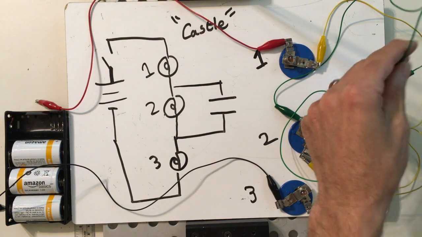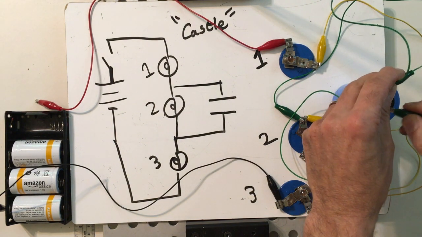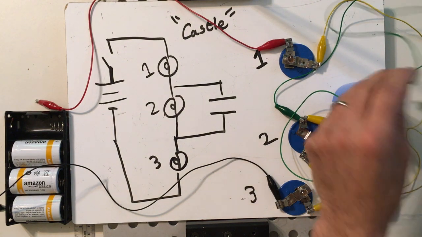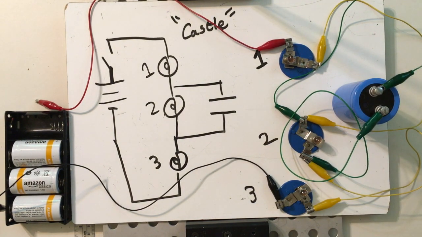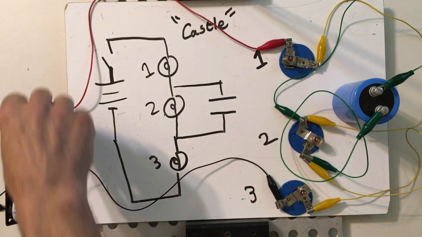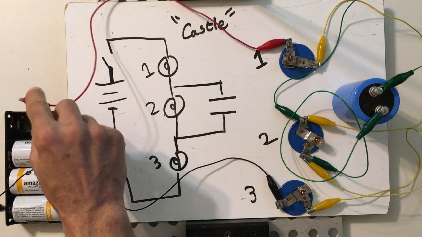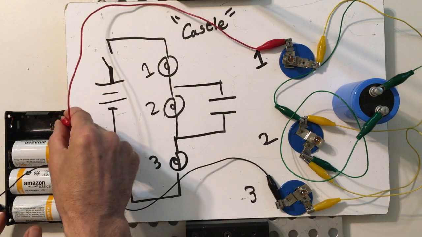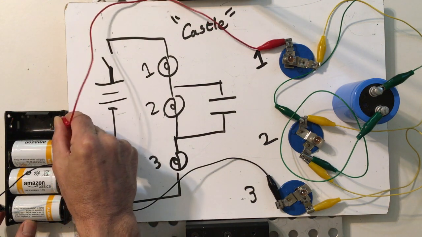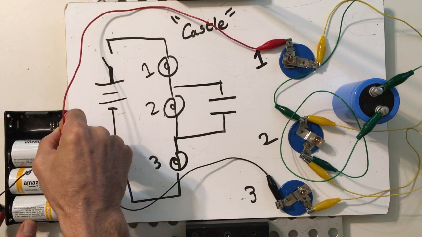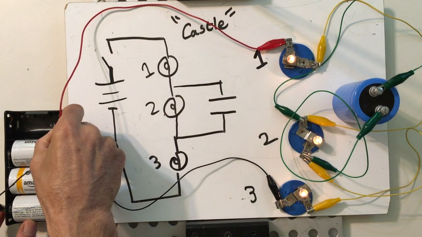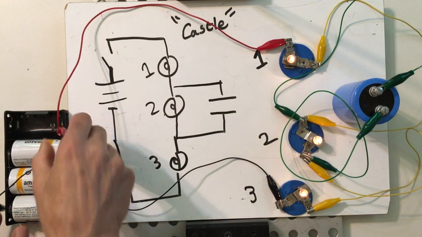I'll discharge my capacitor just to make sure it's not storing any energy. That should be enough. And now I'll connect the circuit and watch the bulbs carefully. That happened pretty quickly.